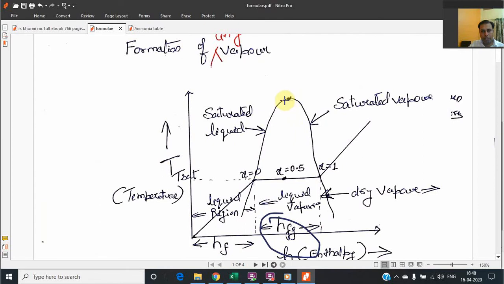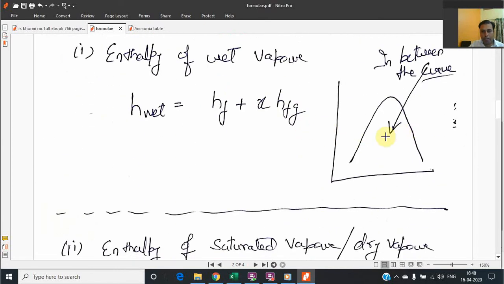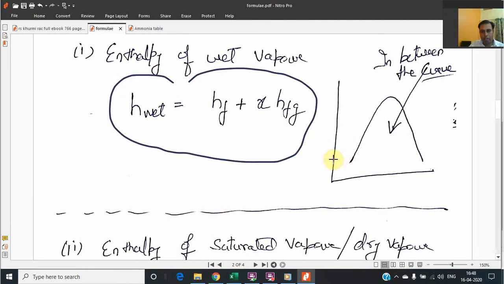That value of HFG will be 0. This is called the critical point. If the point lies between the 2, then what will the formula for enthalpy be? The formula will be HF, because if suppose the point is on this point and we want to obtain it, then up to this point what enthalpy was there, HF.